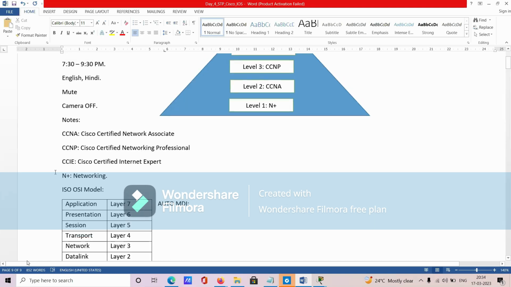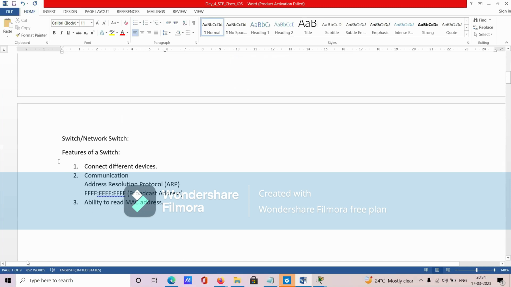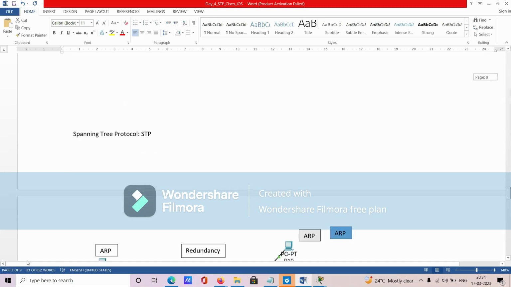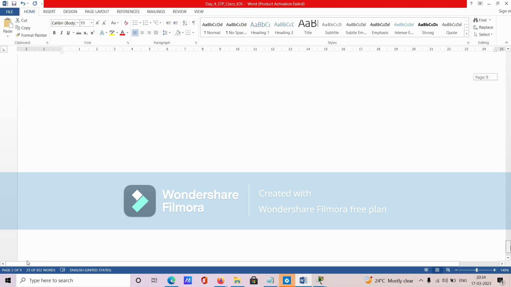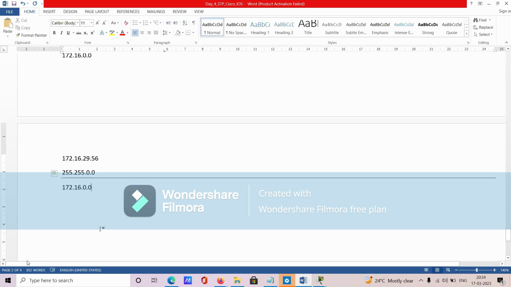Look here, in day one only we have written the features of a switch. Certainly today we are going to learn the features of a router.